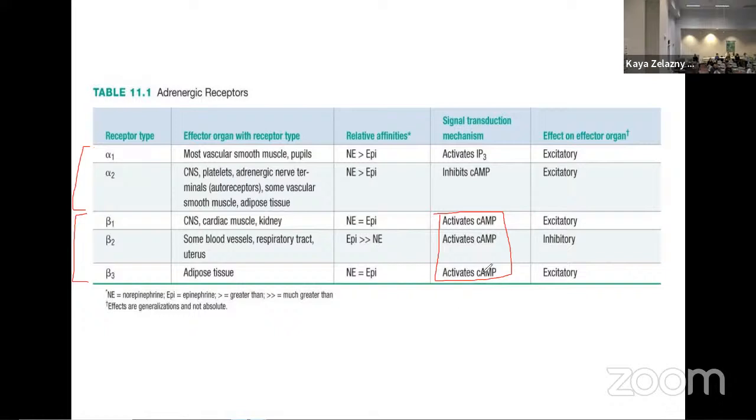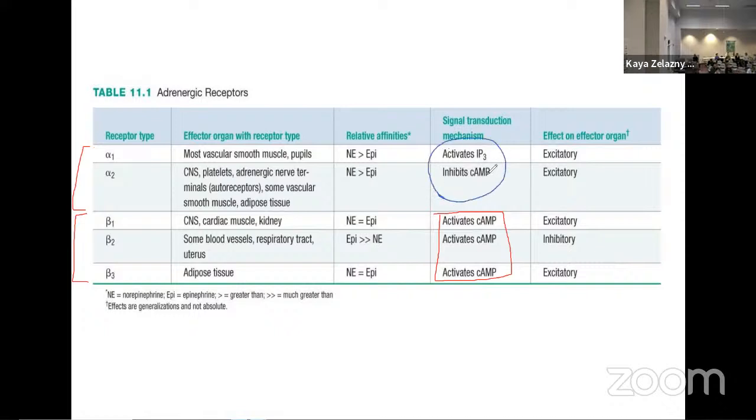So they're all going to be helping your cell make cyclic AMP that then goes off and tells the cell to do stuff. Okay. So that's going to be true of beta receptors. None of your alpha receptors are going to do that, right? So for the alpha receptors, if we do anything other than activating cyclic AMP, that's an alpha receptor.